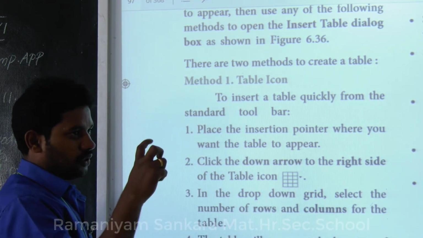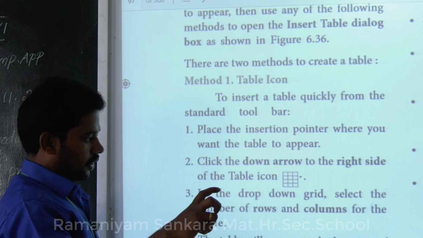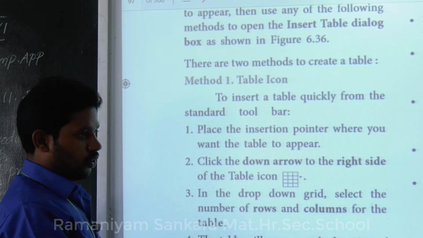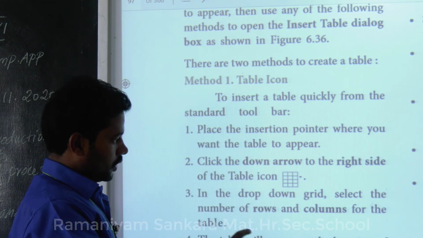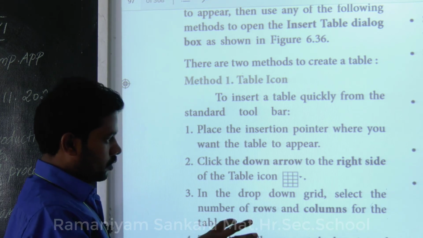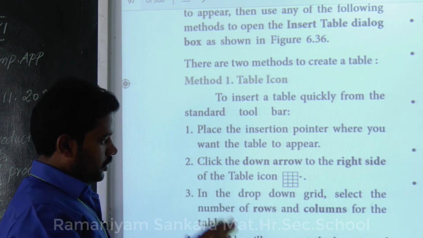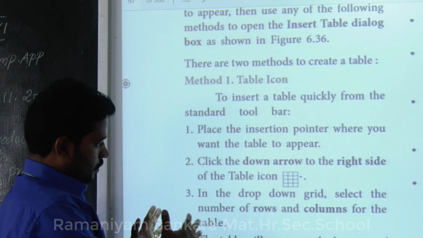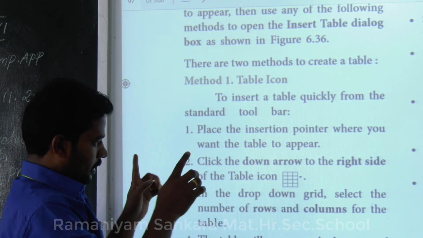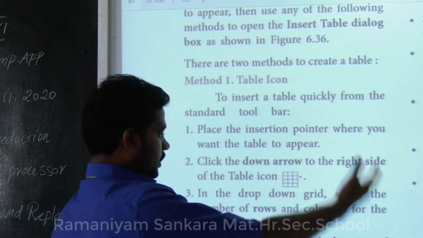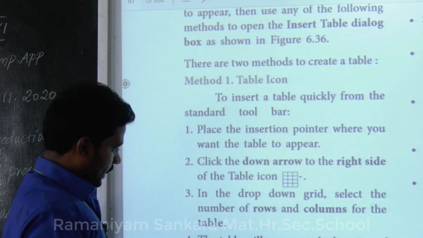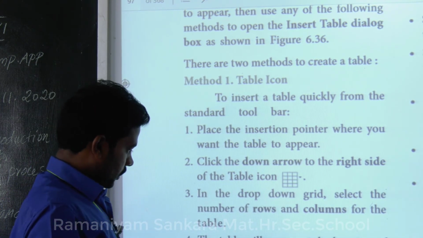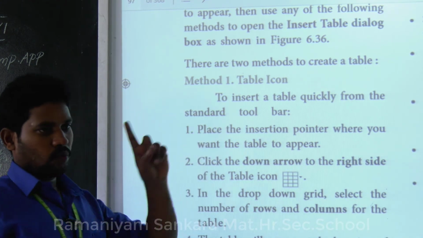As you click and drag, it will show how many rows and columns you want. According to that, you drag and release the mouse button. Once you release it, the grid of rows and columns will be displayed as a table at the location of the insertion pointer. So this is one method.